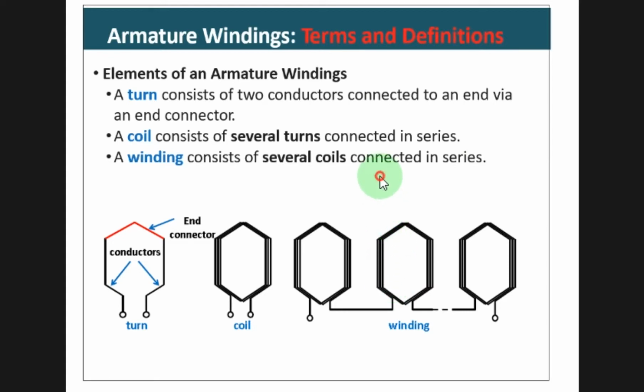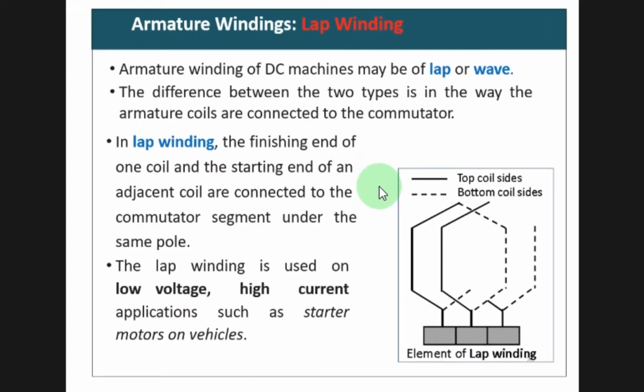And then there are basically two types of windings. One is called lap winding and the other one is called wave winding. The difference is the way the armature coils are connected to the commutator, right?